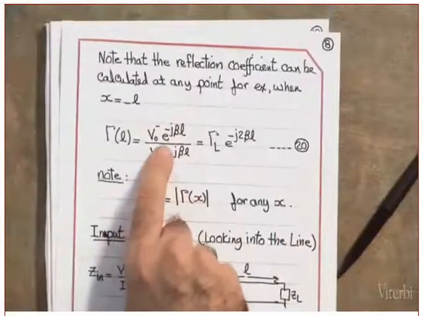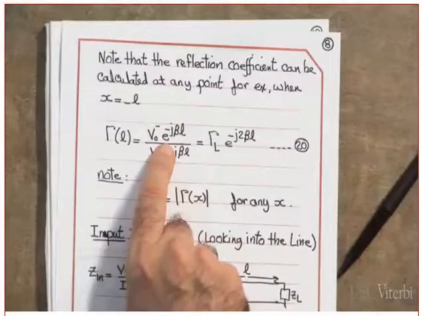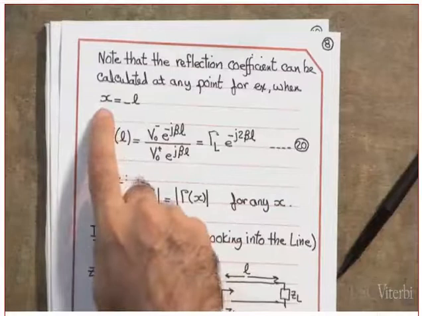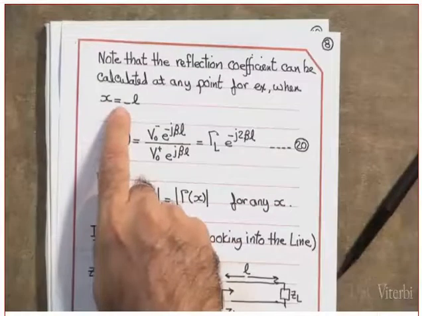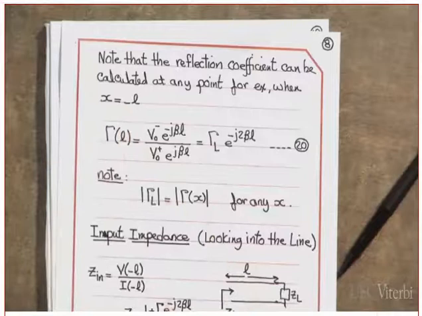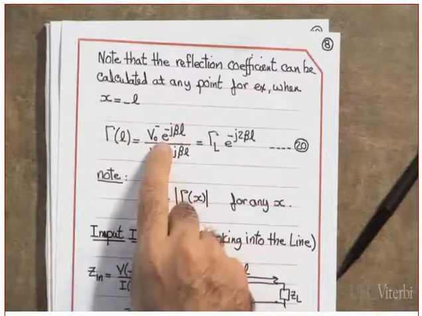Tell me here, what did I do? What did I substitute for x? Minus L, which means where am I? At the source. What is it equal to?